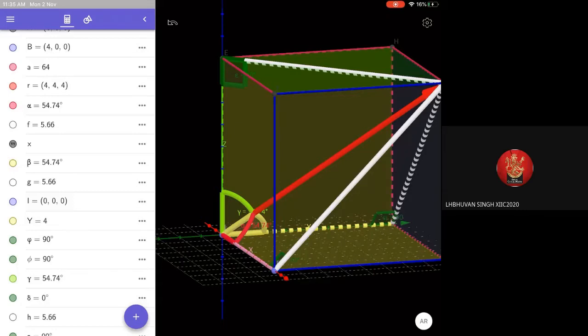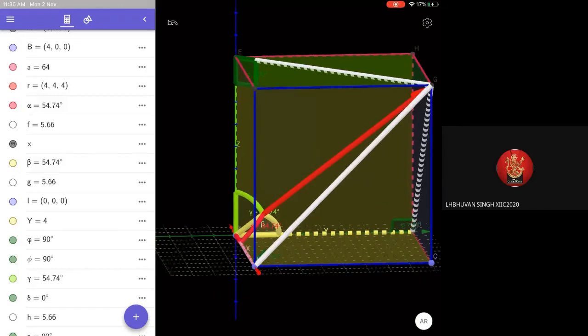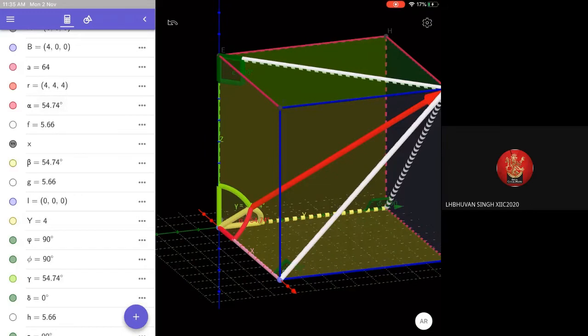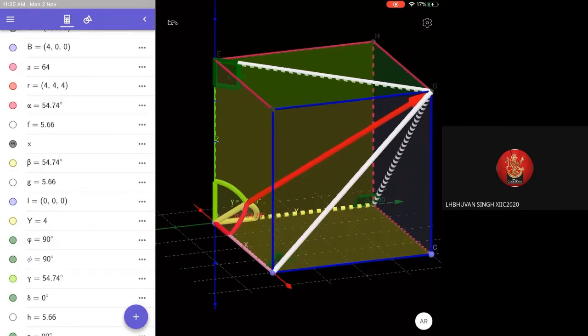To know the inclination of the line shown in red color, which is coming as a diagonal of this cube, its inclination is defined in terms of three angles. The angles I have already discussed with you.